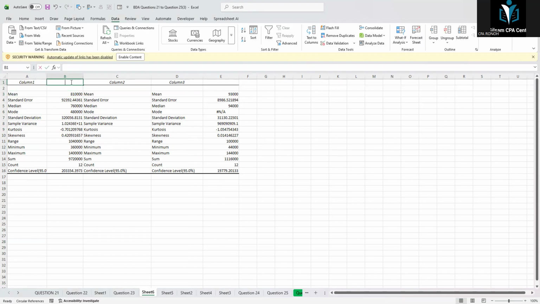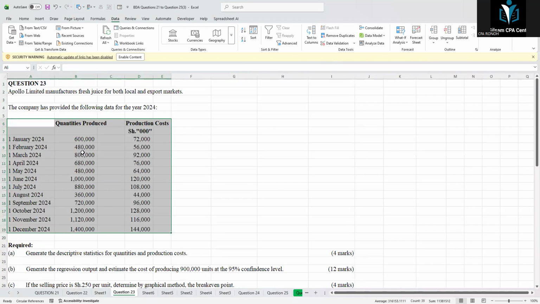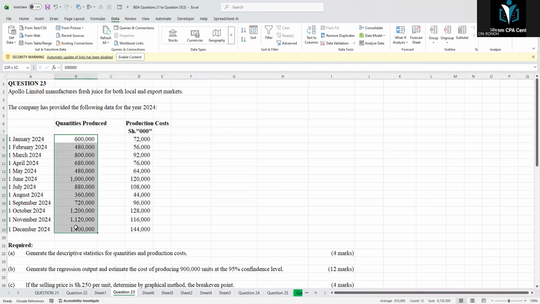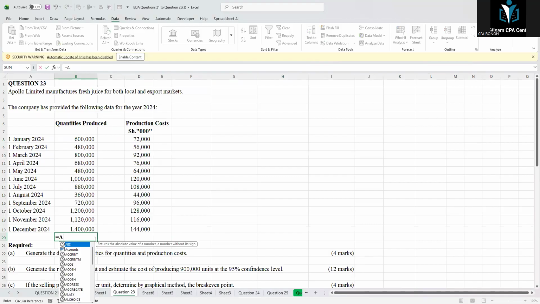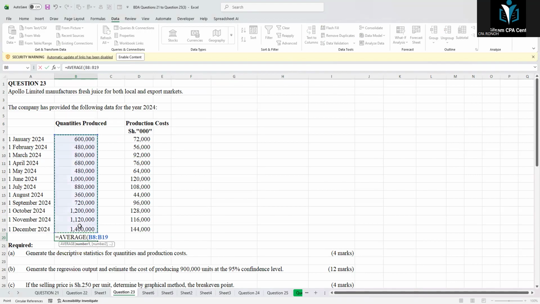This is for X and this is for Y. Mean is just getting the average. Let's confirm with the normal formula.